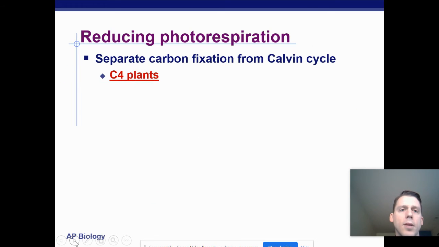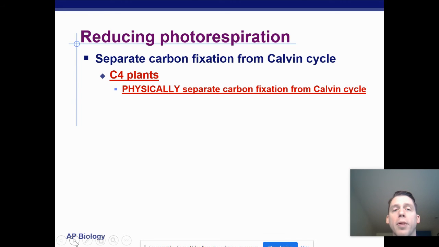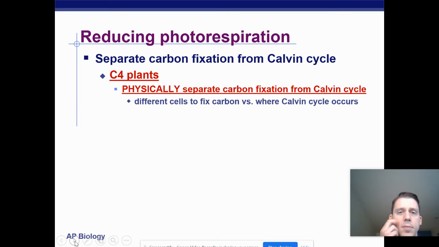So we have C4 plants. C4 plants are going to physically separate carbon fixation from the Calvin cycle, and we'll find out what that looks like. All right, so C4 plants are going to use different cells, so basically different locations. That's going to help reduce photorespiration.